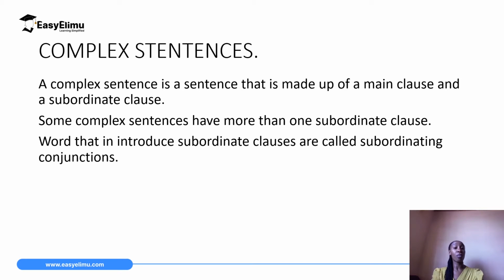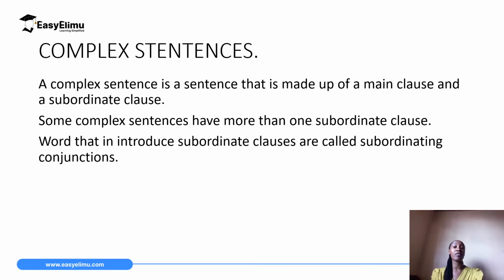Just like in compound sentences, where we say that the clauses that make up a compound sentence are joined together by coordinating conjunctions, it is the same for complex sentences. However, the conjunctions that join together complex sentences are not called coordinating conjunctions. They are called subordinating conjunctions. These conjunctions join subordinate clauses.